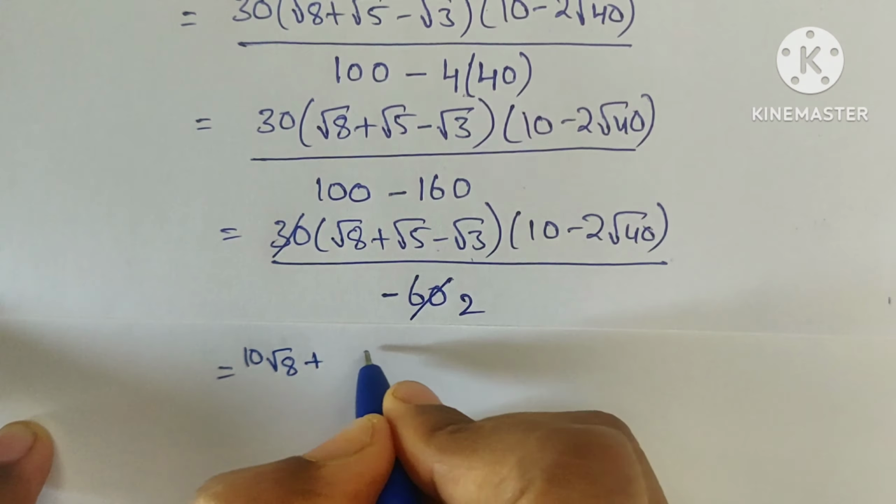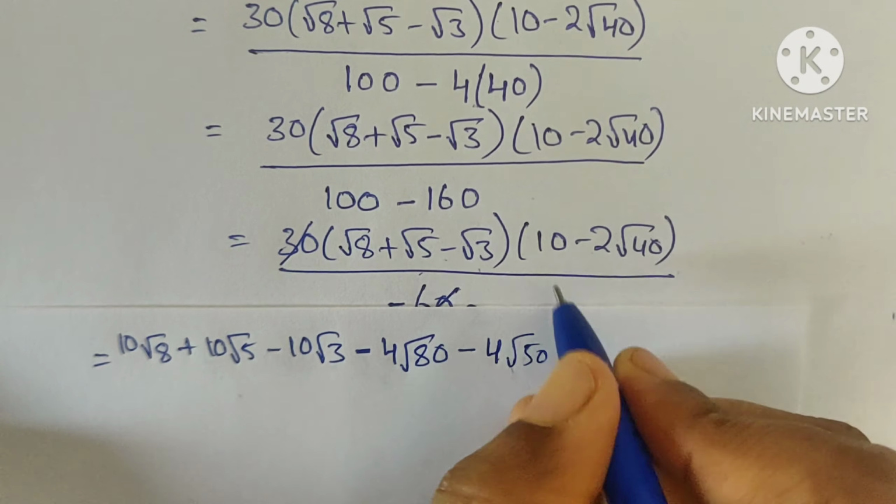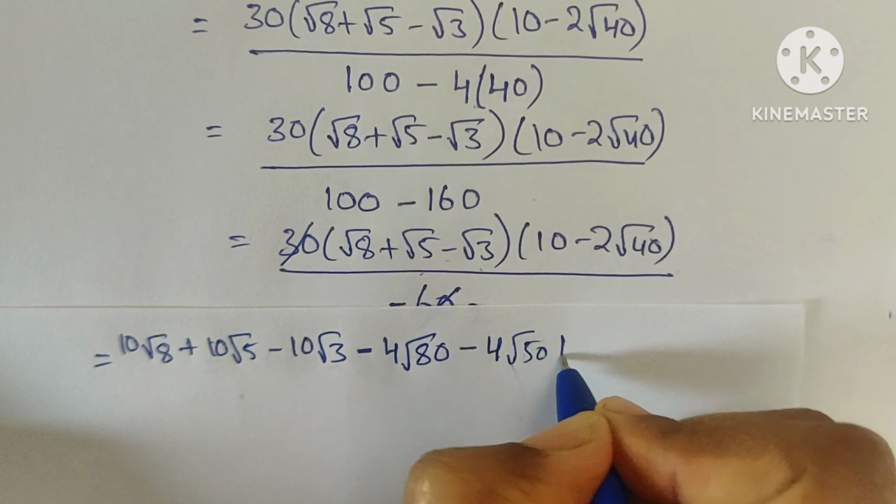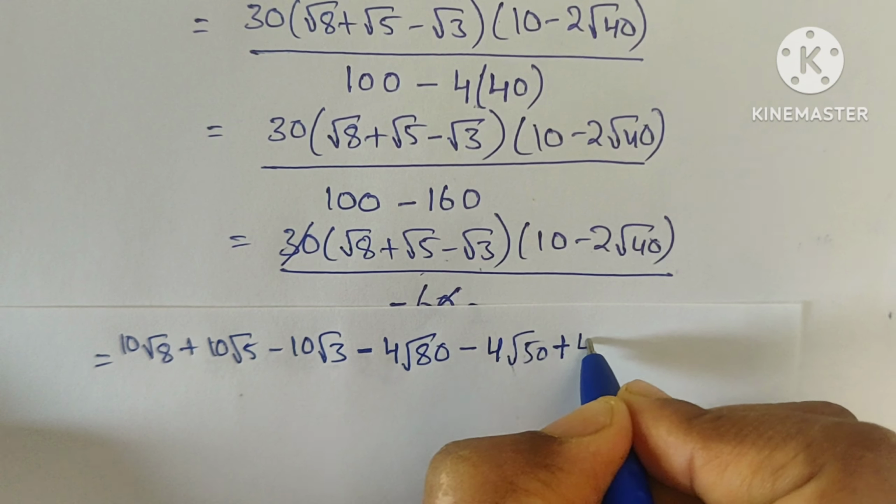So minus square root of 5 times 2 square root of 40, which is 4 square root of 50, then square root of 3 times 2 square root of 40, which is, so here minus minus will become plus, so plus 4 square root of 30. So divided by minus 2.